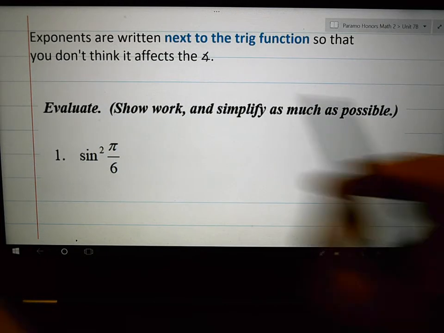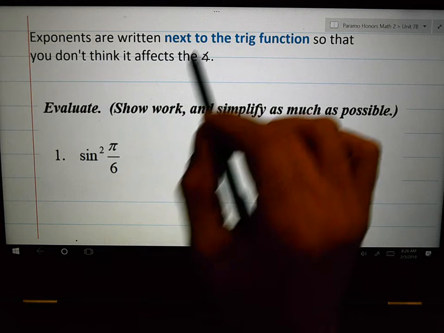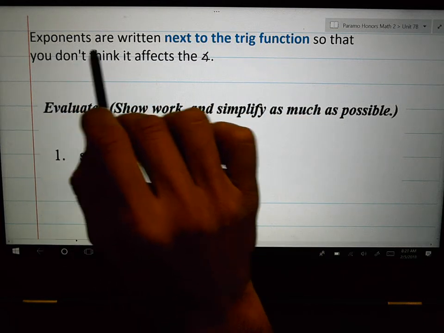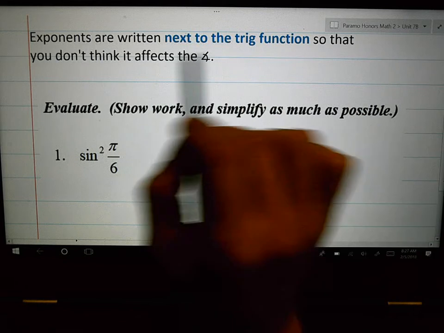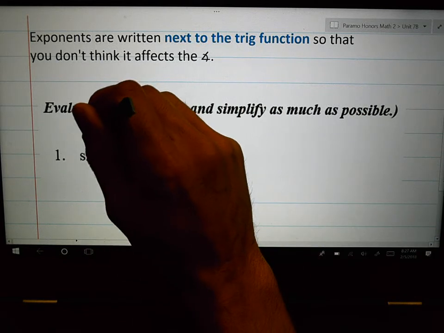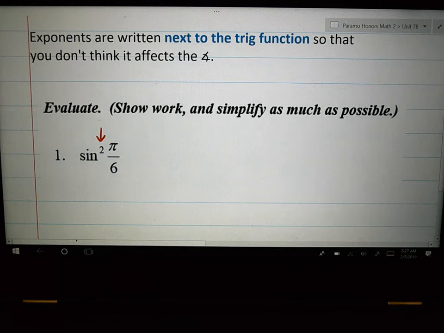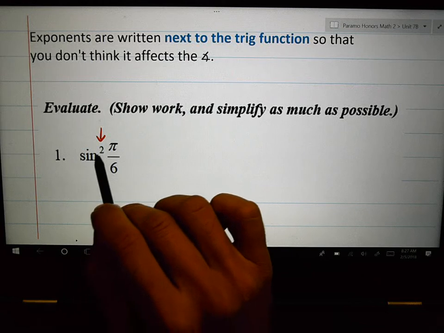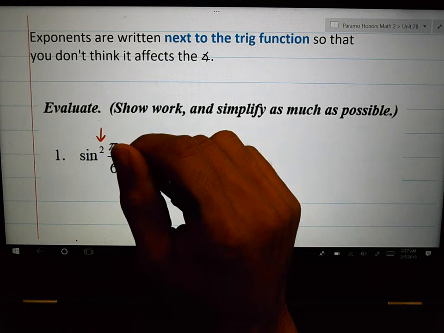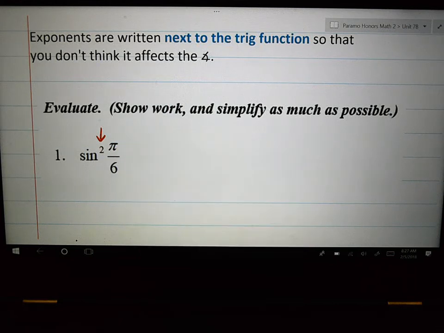I want to read this little thing that we wrote down in our notes and then talk about this problem real quick. It says, exponents are written next to the trig function so that you don't think it affects the angle. There is a very specific reason why that 2 is next to the sine part of your equation. This says the sine squared of pi over 6. They write it that way so that you don't think you have to square pi over 6.